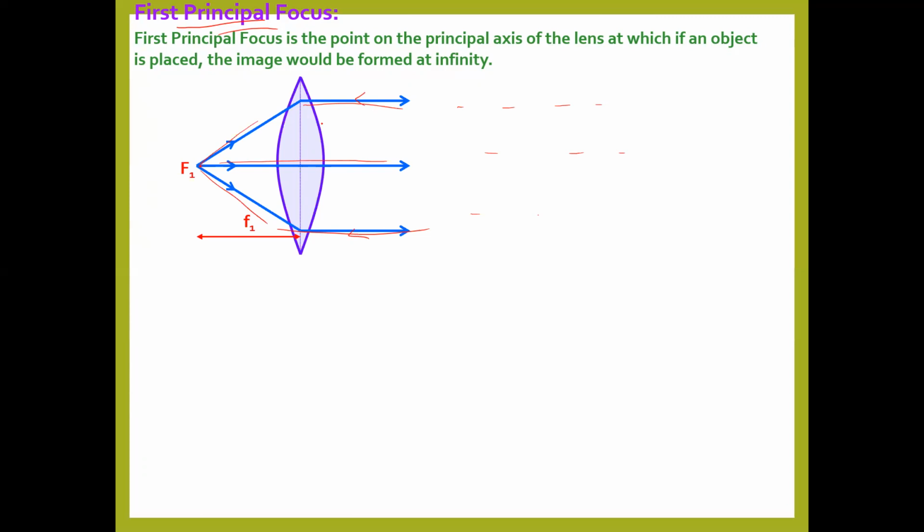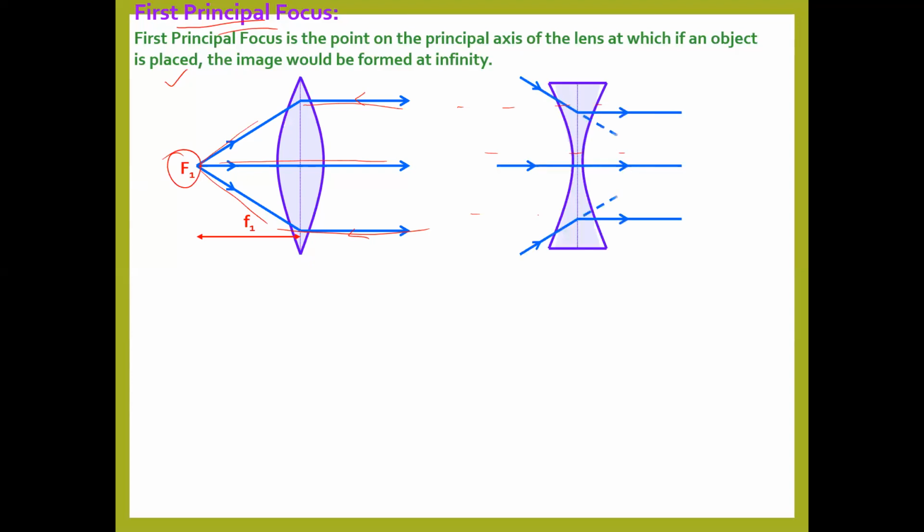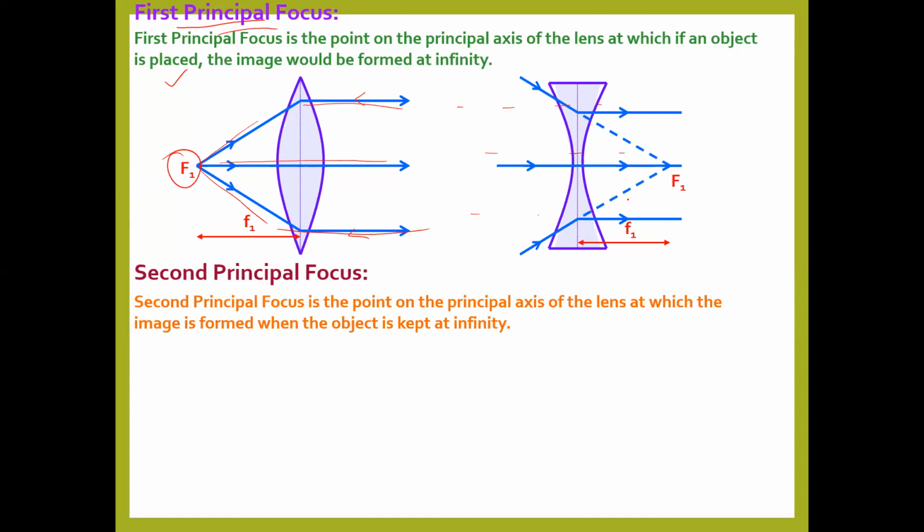But we categorize that this definition is for the first principal focus, and the second one is when the parallel light rays come and meet at a certain point, that point is known as the second principal focus. The second principal focus is the point on the principal axis of the lens at which the image is formed when the object is kept at infinity.